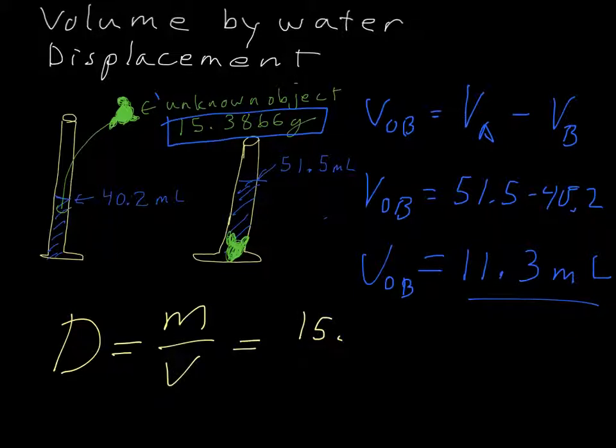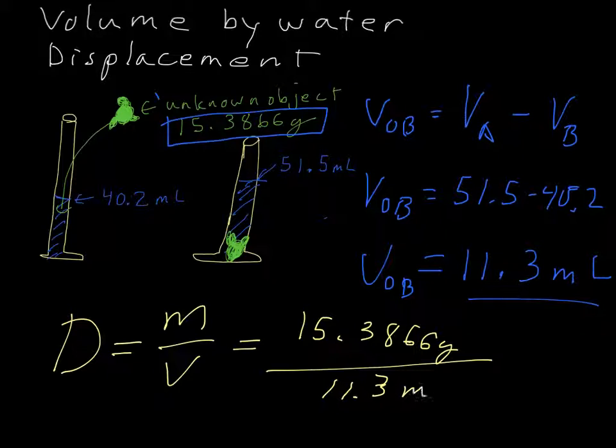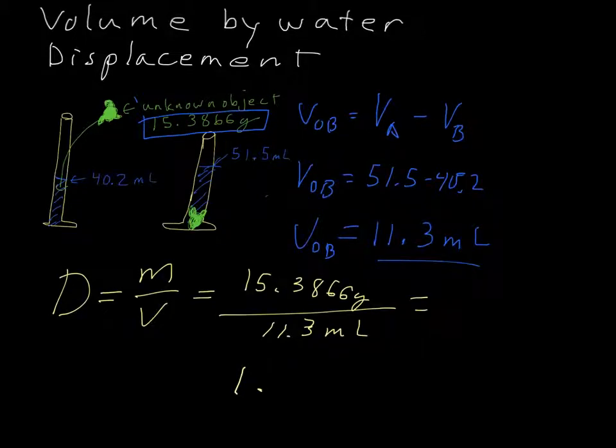So 15.3866 grams divided by 11.3 milliliters. And that gives me 1.36164618 is my calculator lie.